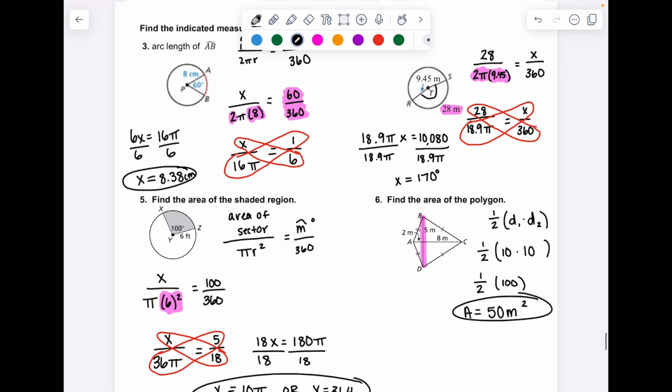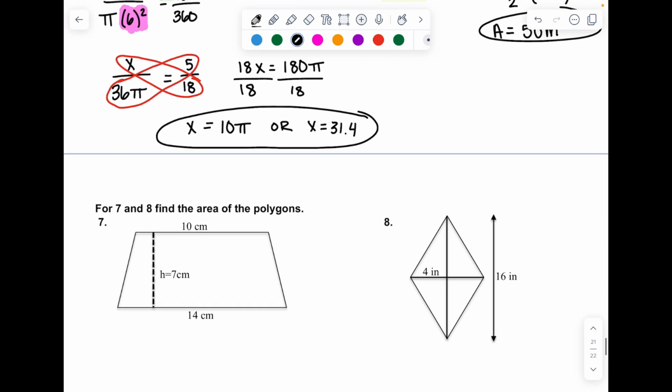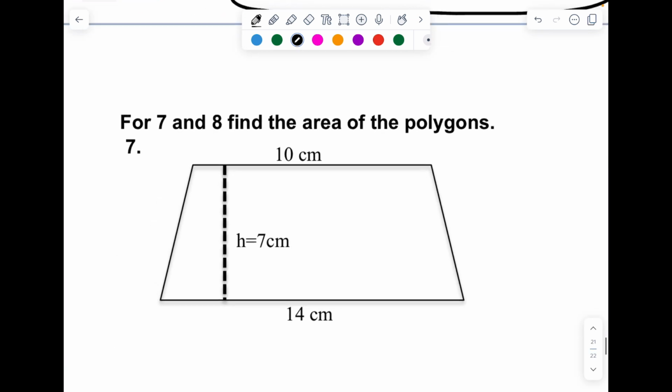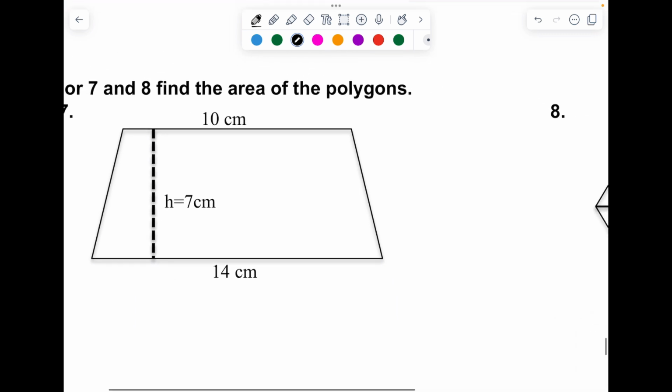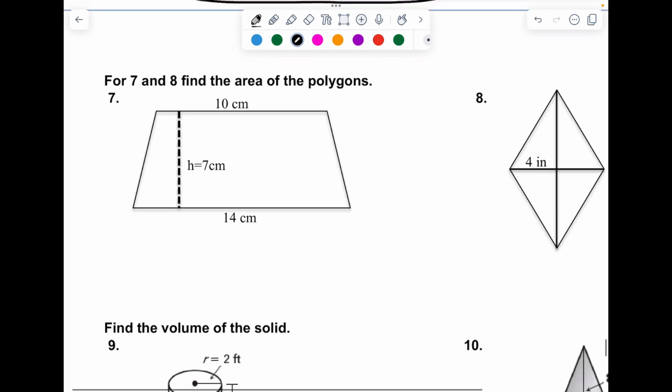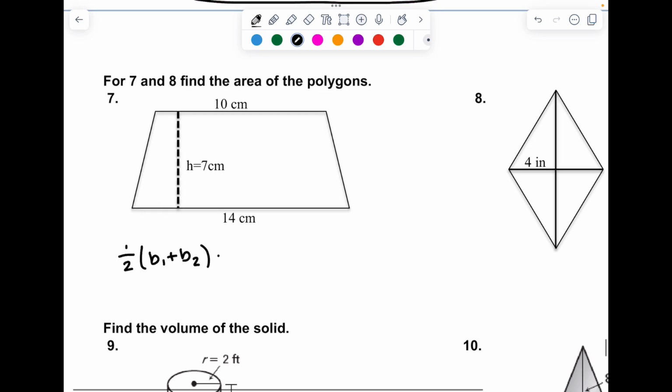Okay, next. We've got the area of this polygon. This is a trapezoid. And our trapezoid formula is 1/2 base 1 plus base 2 times the height. So all we need is to identify our two bases and our height. Our bases are the top and the bottom, and then our height is right here in the center.